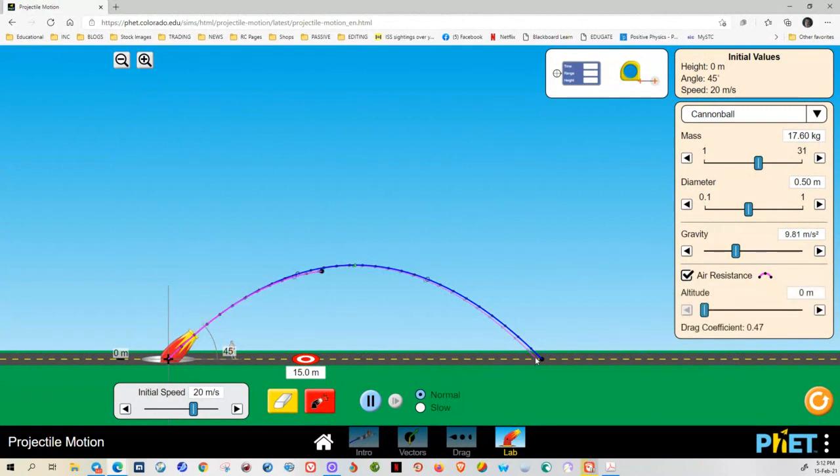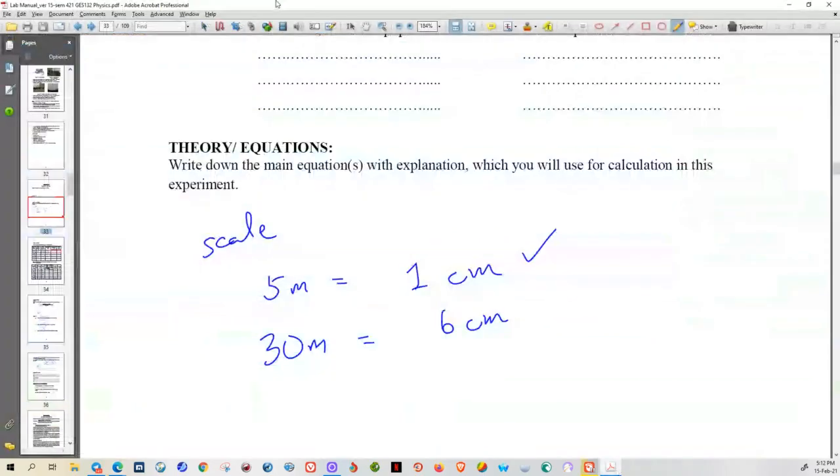With resistance, you will see that the diameter affects. And you are correct, Saeed is correct. This is a source of error, okay? Air resistance is a source of error. Why? It affects the projectile, okay?